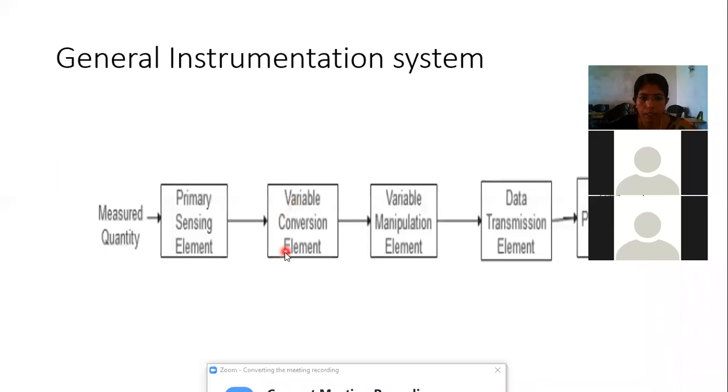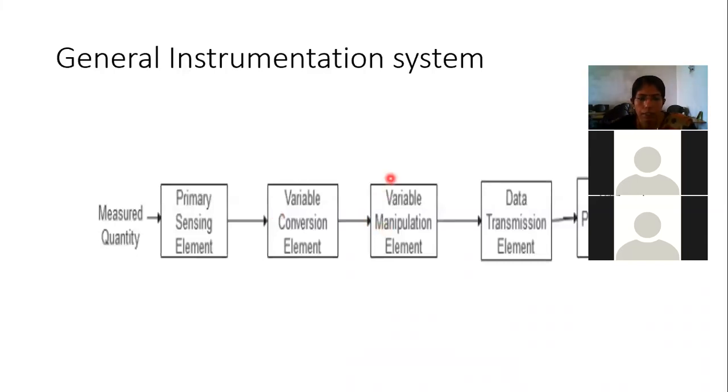The variable conversion element converts the analog form of the electrical signal into digital form, for example, an analog to digital converter. So one form of signal is converted into another form. It may be voltage, frequency, or any other parameter converted to the required form.